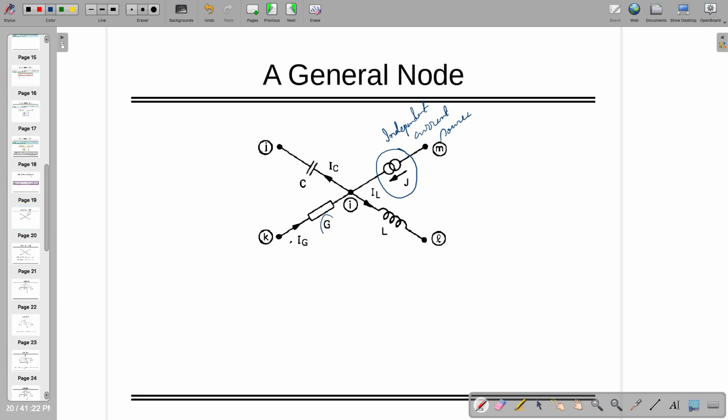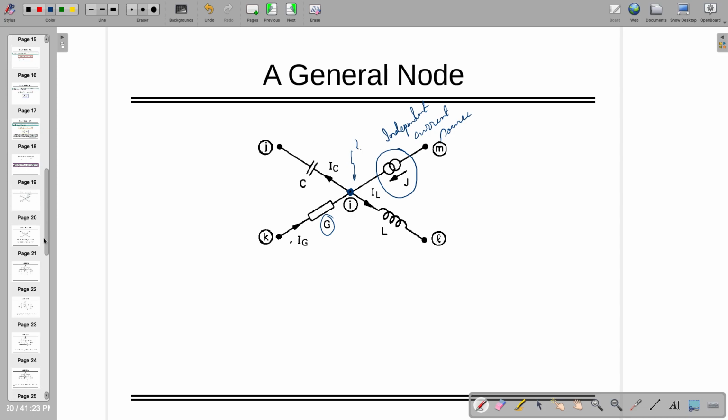It's not resistance, but we are keeping transconductance, right? So can you write down the equation for node I using simple KCL? We have not learned the new technique yet; we are talking about the previous technique only.